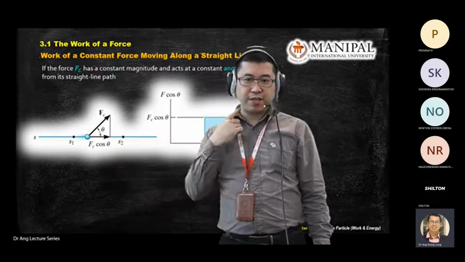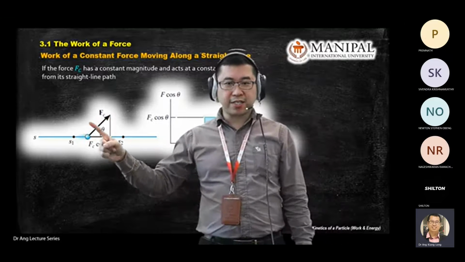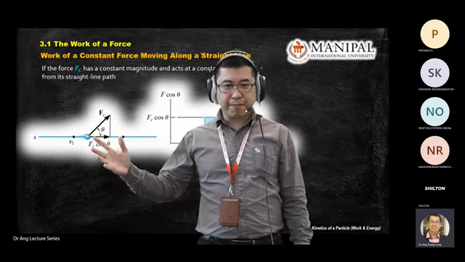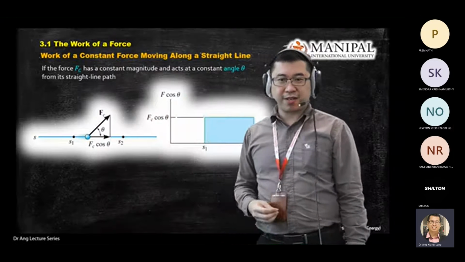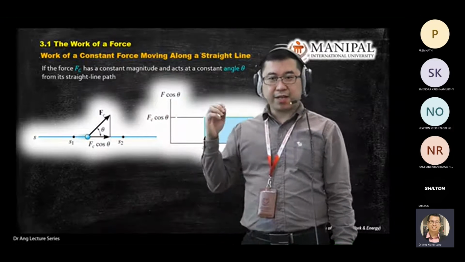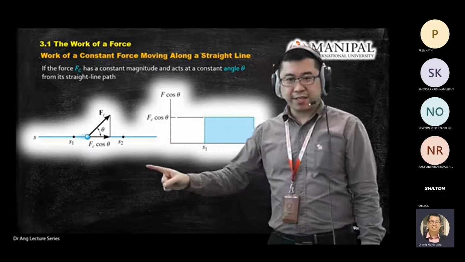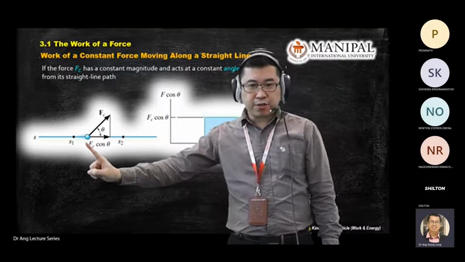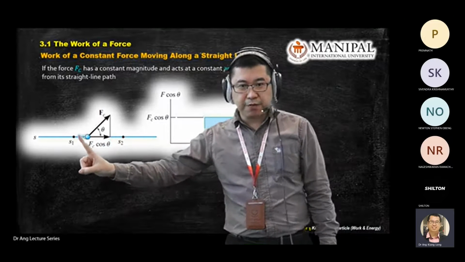Some of you might ask, what happened to the vertical axis force? It's still there, but in terms of work, it doesn't do anything. So you get the force in the cos direction, and you have a displacement from here to here.